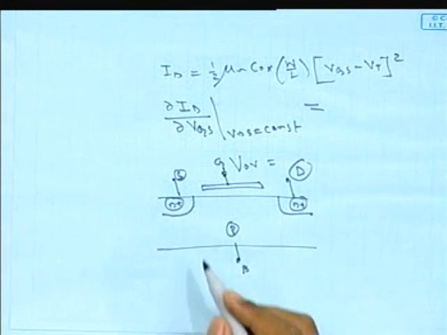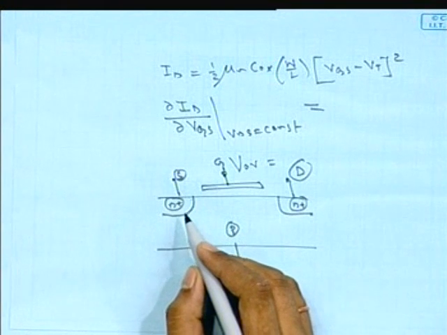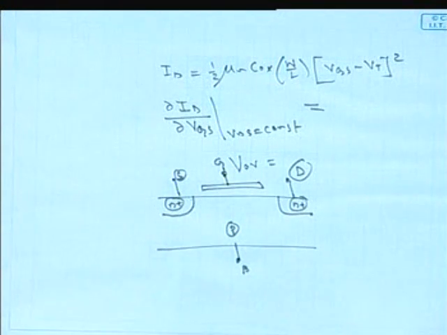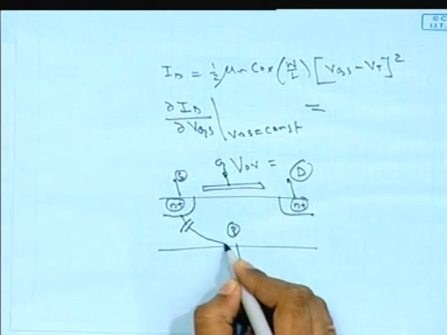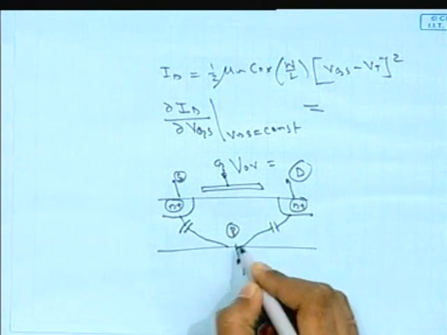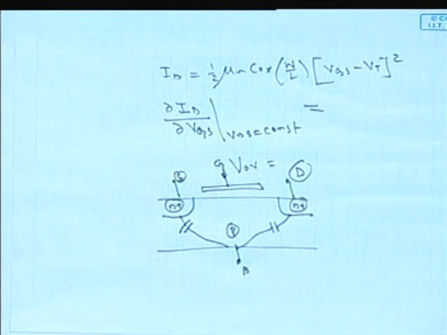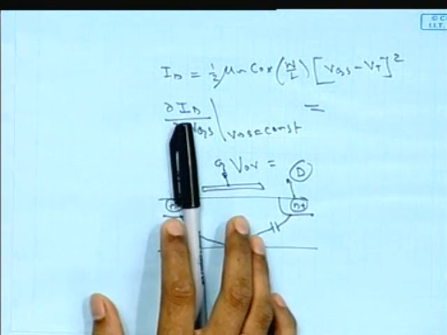Okay, so we can say that there will be some junction capacitance between the source and the bulk and the drain and the bulk, and these capacitances are called the CSB and the CDB as shown in the figure in the slide.